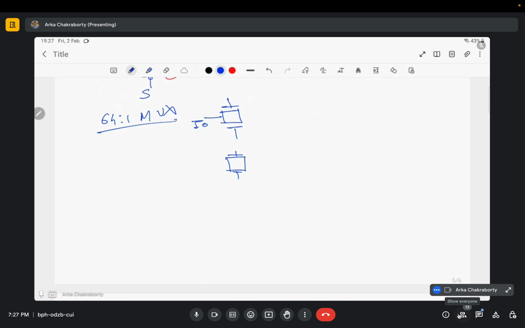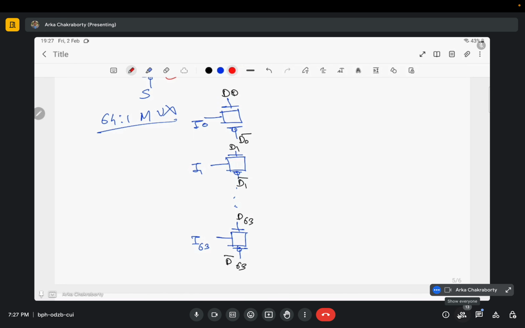Say I0, I1, dot dot dot up to I63, each with 1 NMOS and 1 PMOS. And what will be the control signals? It will be something like D0 bar, D1 bar, dot dot dot D63 bar.